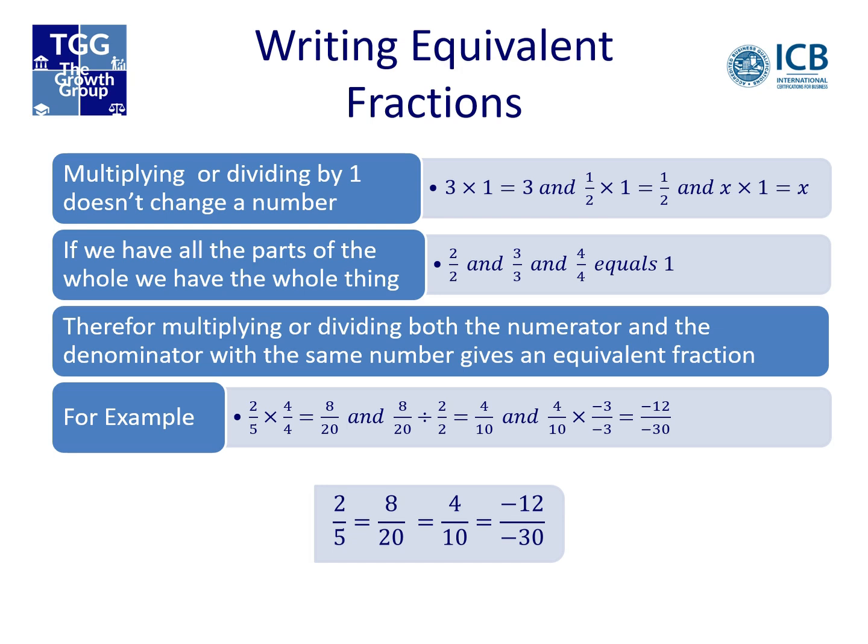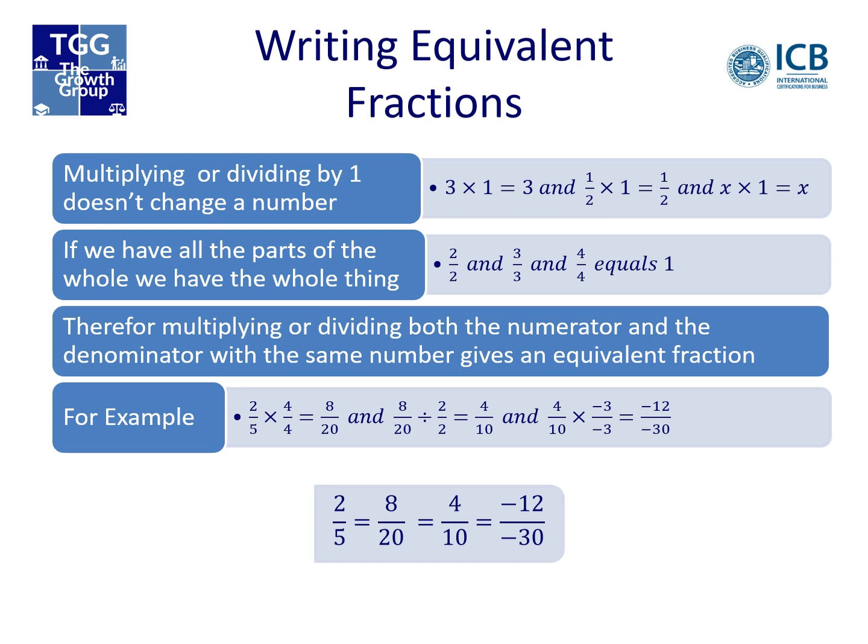So there I've given you an example. 2/5 multiplied by 4 over 4, or 1, is 8 over 20, and that is because 2 times 4 is 8 and 5 times 4 is 20. When we now take that second fraction, 8/20, and we divide it by 2 over 2, still just 1, we get 8 divided by 2 is 4, and 20 divided by 2 is 10, so we get 4/10.